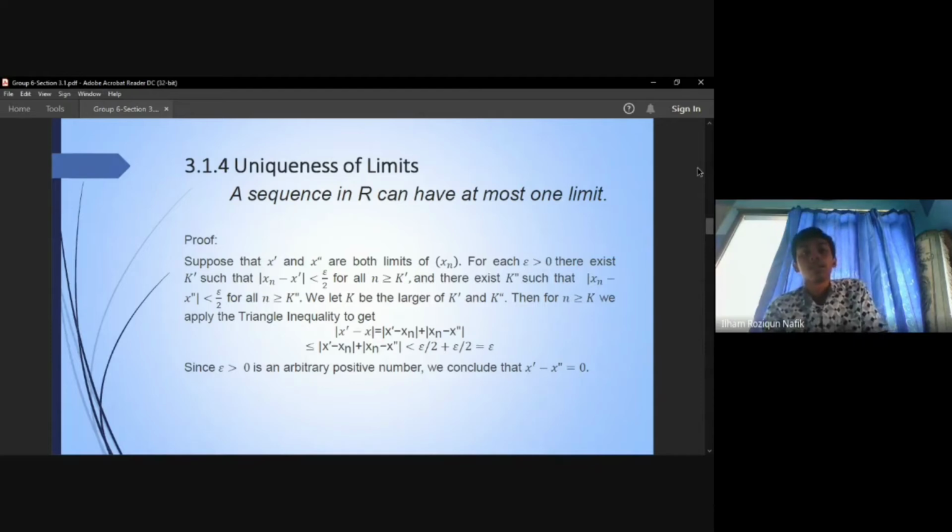Since epsilon greater than 0 is an arbitrary positive number, we conclude that x' minus x'' equals 0.